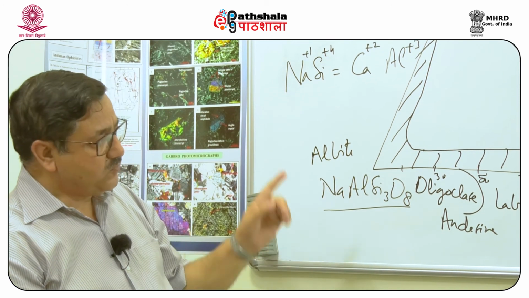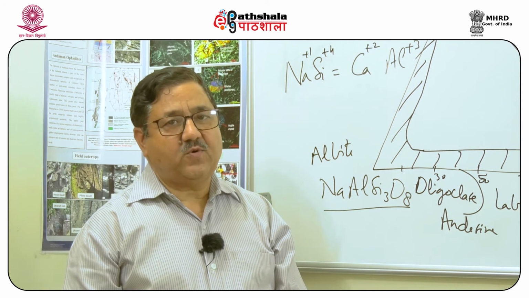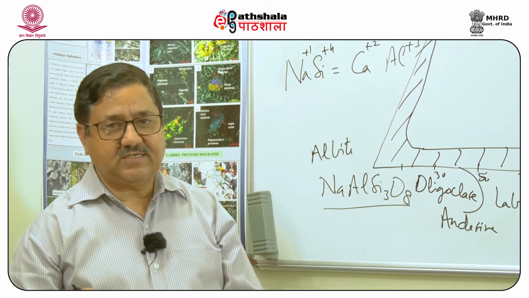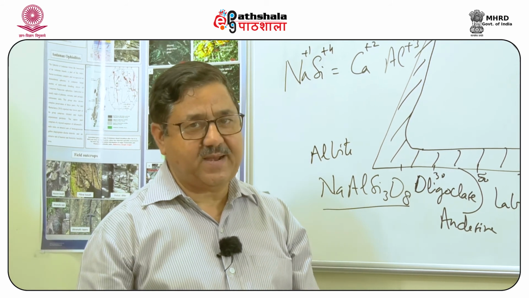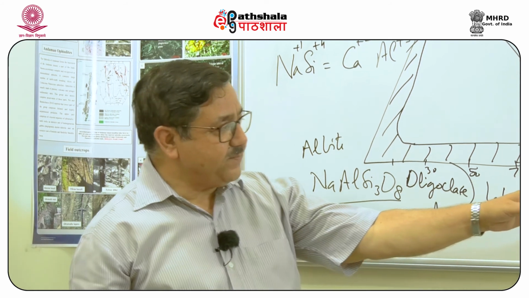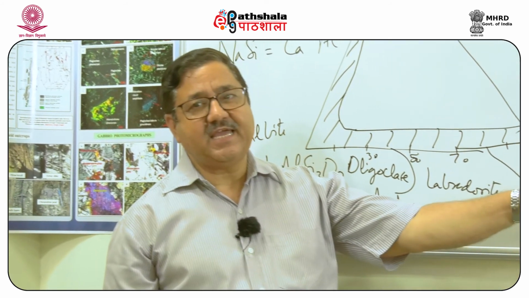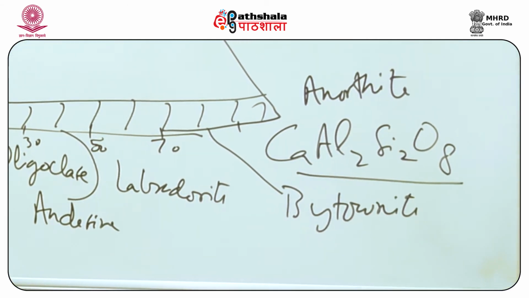Now, pure anorthite cannot support a highly ordered structure just below its melting point. Also, as you can see, the ratio of Al and Si is similar, 1:1. So, therefore, there is significant substitution.